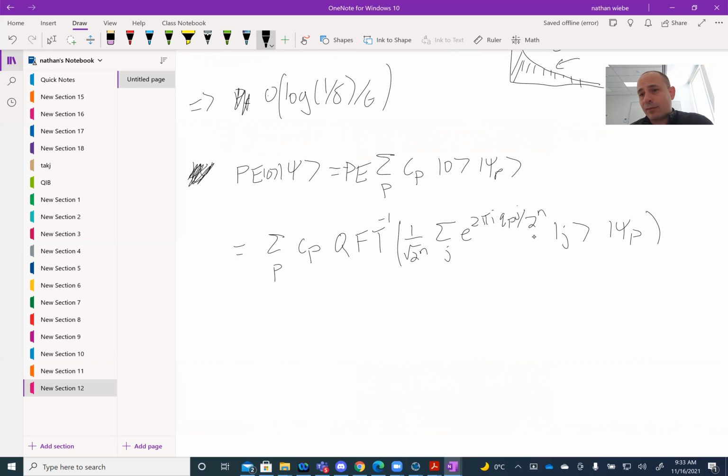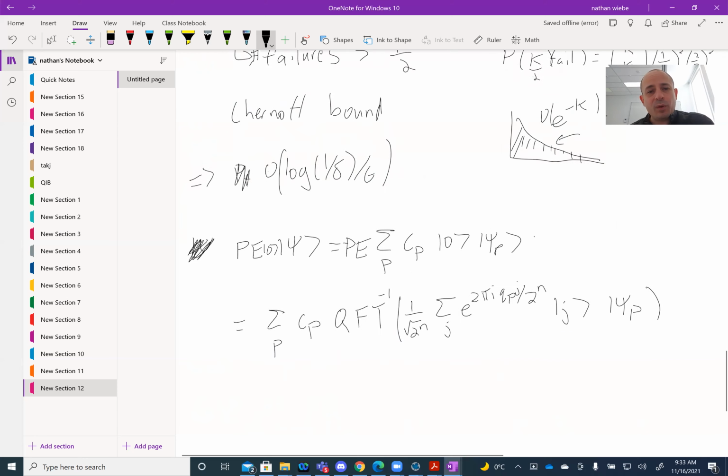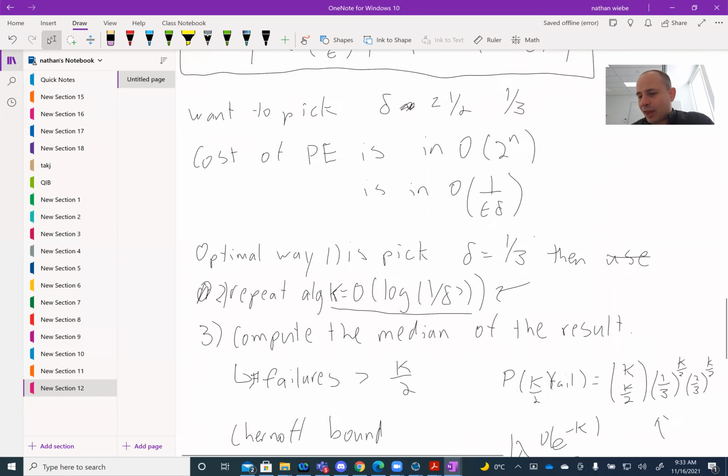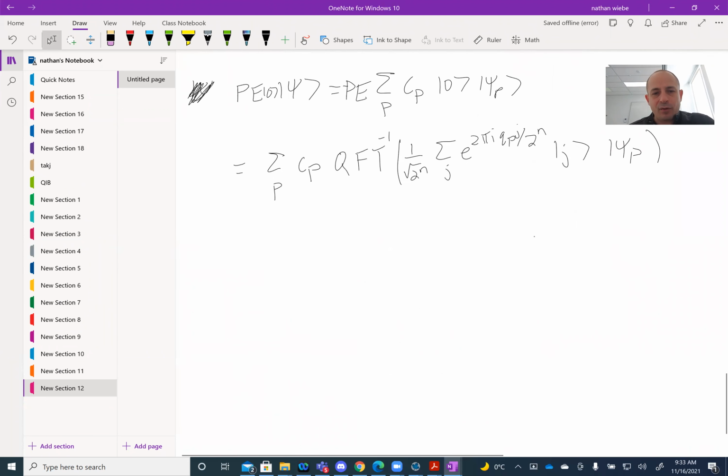Instead, if we apply this with the value of n that satisfies this bound, we're going to have a state of the following form. I'm going to express it as follows. Our state is going to be equal to the sum over p of c_p times the fraction of the quantum amplitude that succeeds.